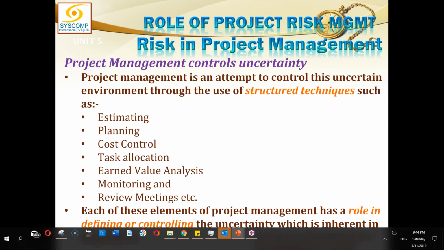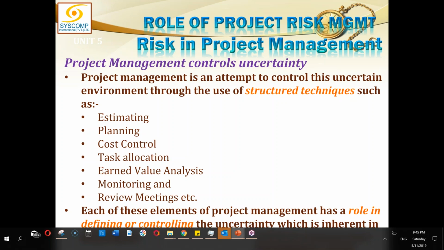Project management tries to control the uncertainty by extra preparedness, by proactivity. They become more cautious. They come up with more structured approaches and techniques to bring caution into everything they are planning. Such cautions could be seen in estimation, during planning, during cost control, when you're doing the task allocations.